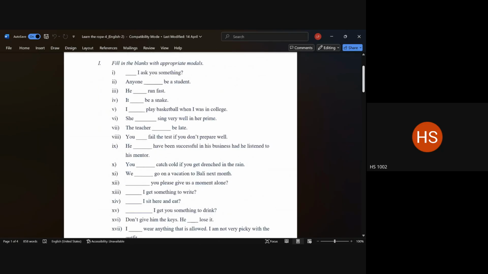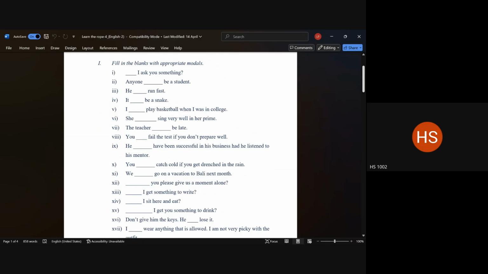Let's start working on the questions, since there are plenty to discuss. We'll begin with the first one. Remember, each blank may have more than one answer, so whatever your answer is, also tell me the context in which you will use that modal.